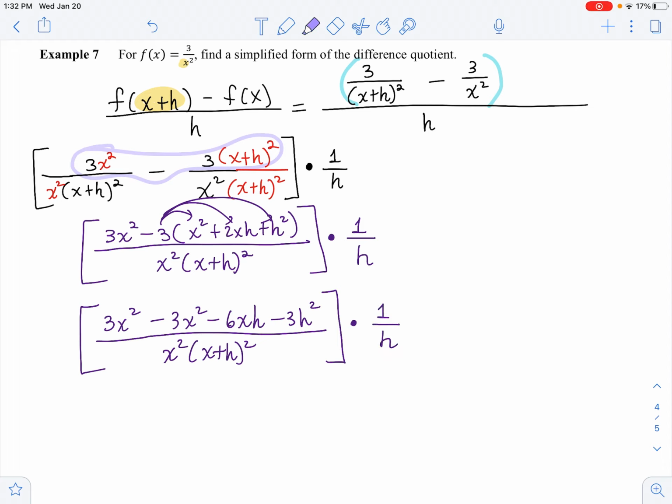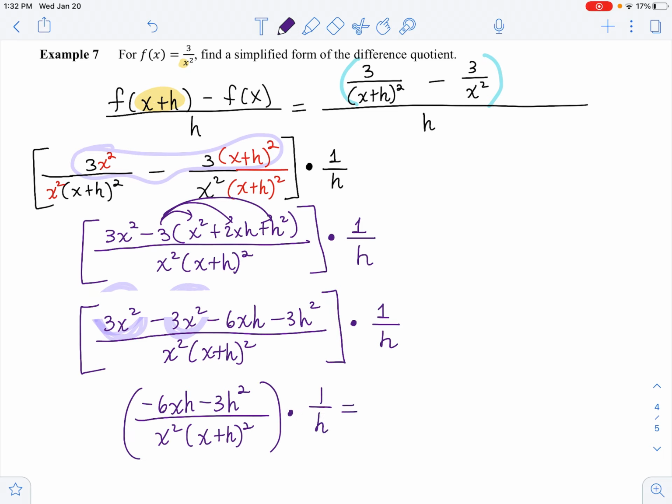All right, anything cancels out? I have a 3x squared, and I have a 3x squared. So those will cancel out and will just leave me with negative 6xh minus 3h squared all over x squared times x plus h squared.